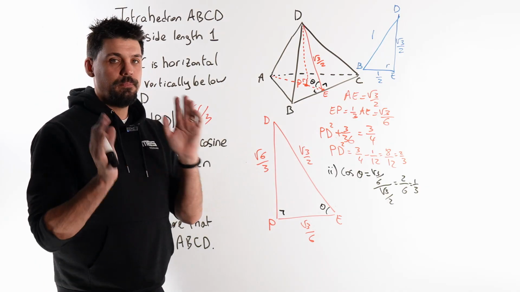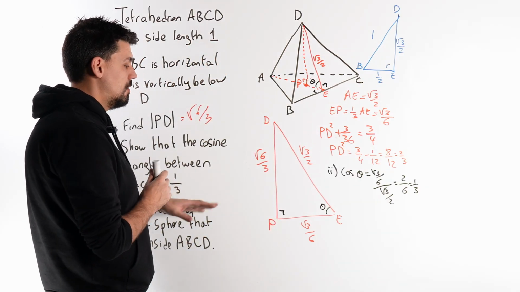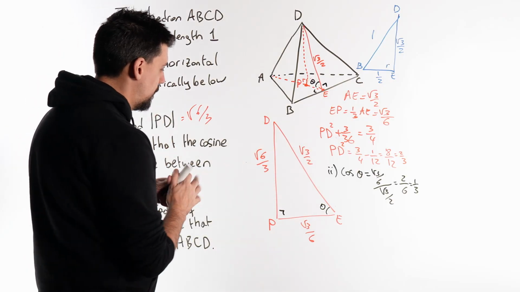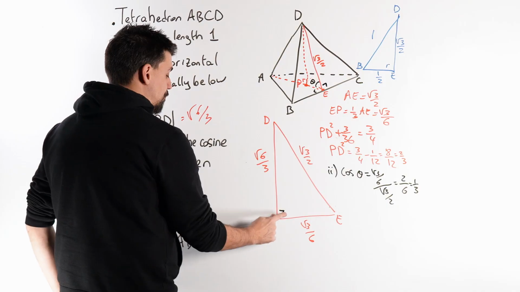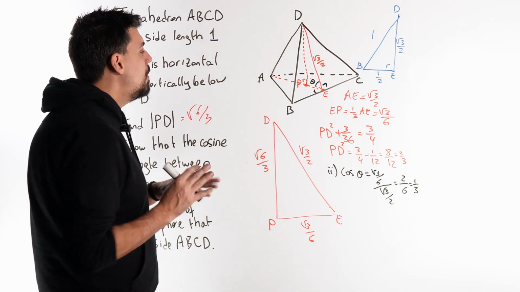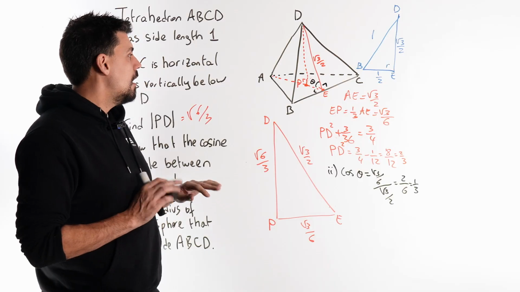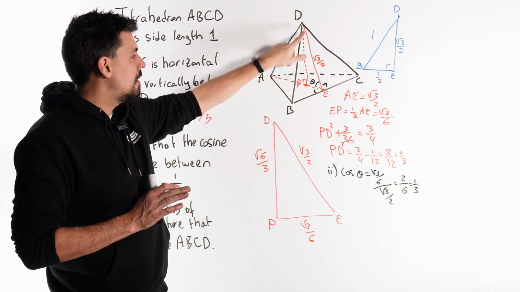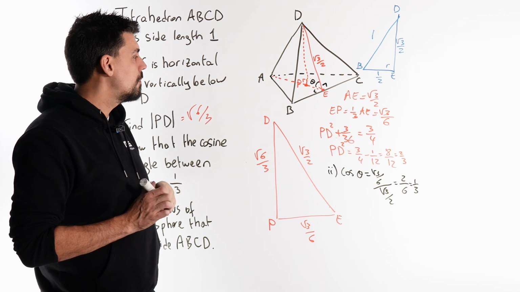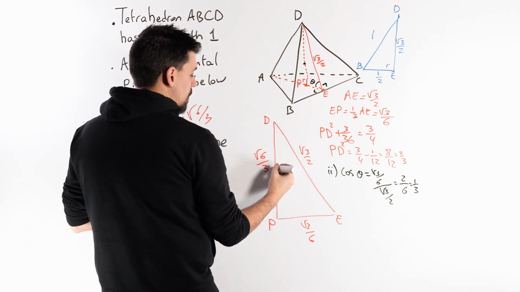Now for the last part. Now for the interesting part, right? The first two bits, not too tricky at all, but this is why I want this nice and big. And get rid of this as well. Bit of intuition. We're going to fit a sphere inside this tetrahedron. It seems fairly obvious that the sphere will be central. So the center of the sphere is going to be on PD, and so it's somewhere here.